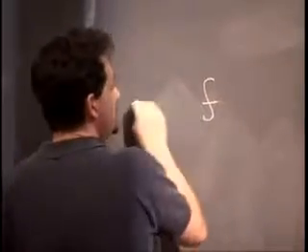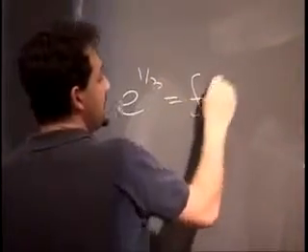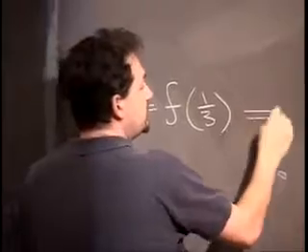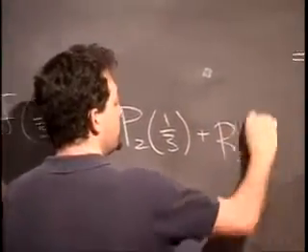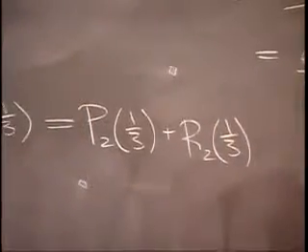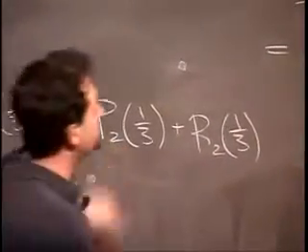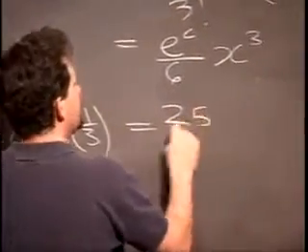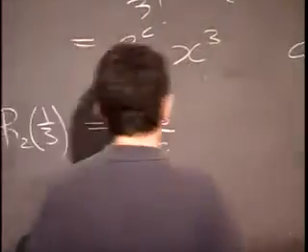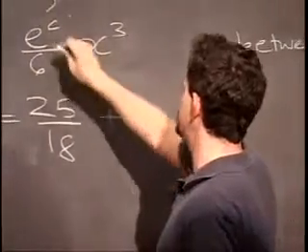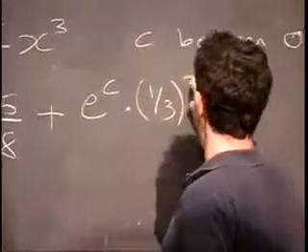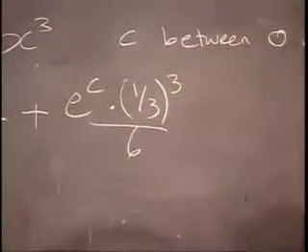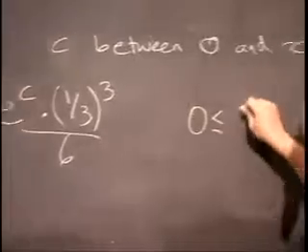We have said e to the 1/3 is f of 1/3, which is p2 of 1/3 plus r2 of 1/3. P2 of a third, we just found, is 25 over 18. And R2 of a third is e to the c times a third cubed over 6. And what do we know about c? It's between 0 and a third.